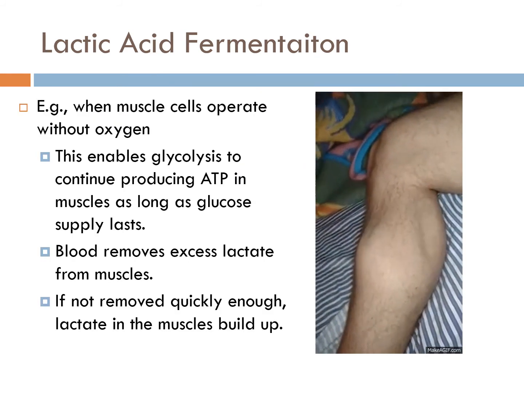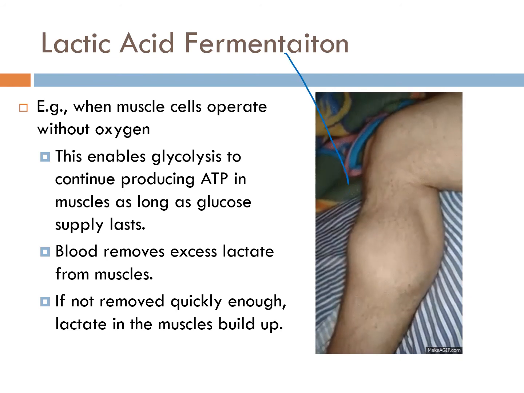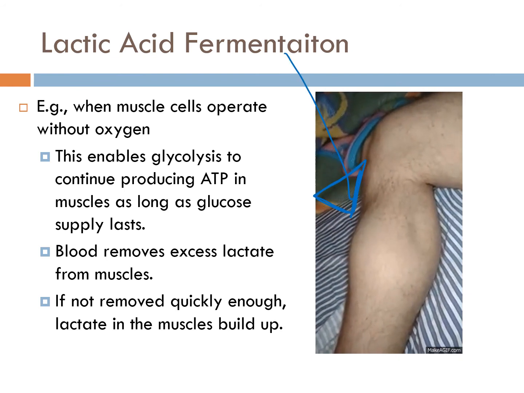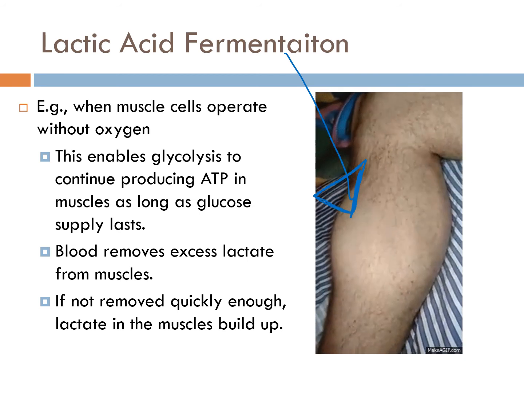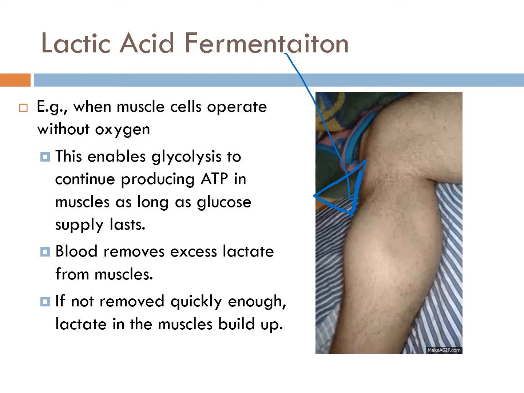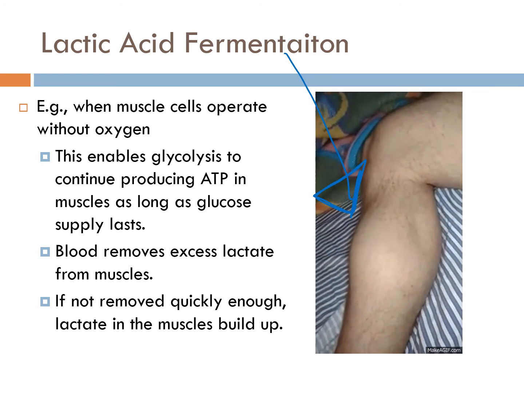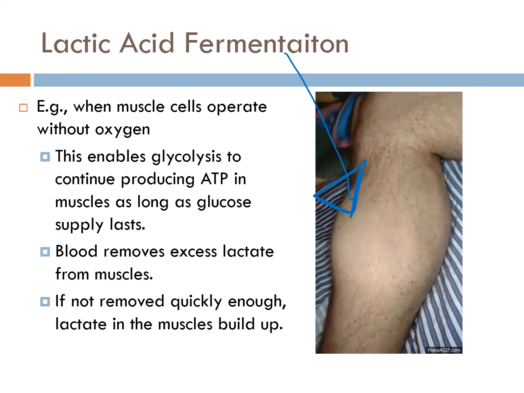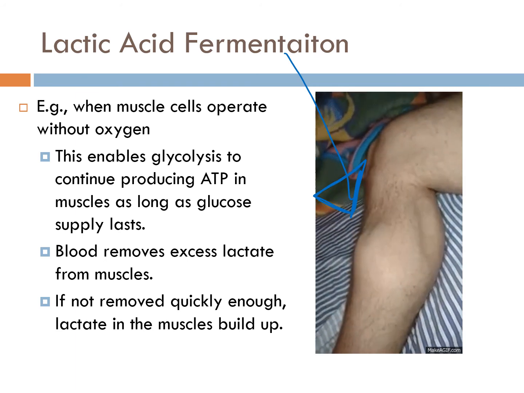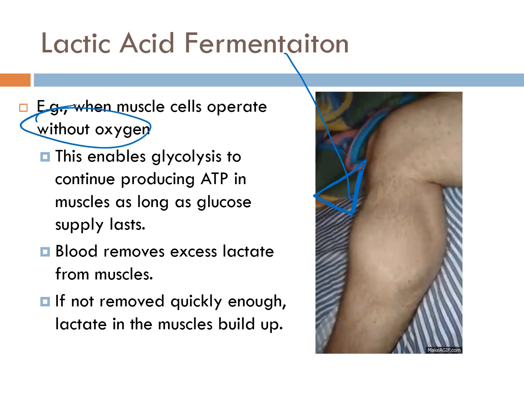So lactic acid fermentation. You can see that GIF. I hope that's pretty intense, not going to lie. This is actually a leg cramp, Charlie horse, whatever you want to call it. What happens is when muscles operate without oxygen, pyruvic acid is being used up because there's no oxygen.